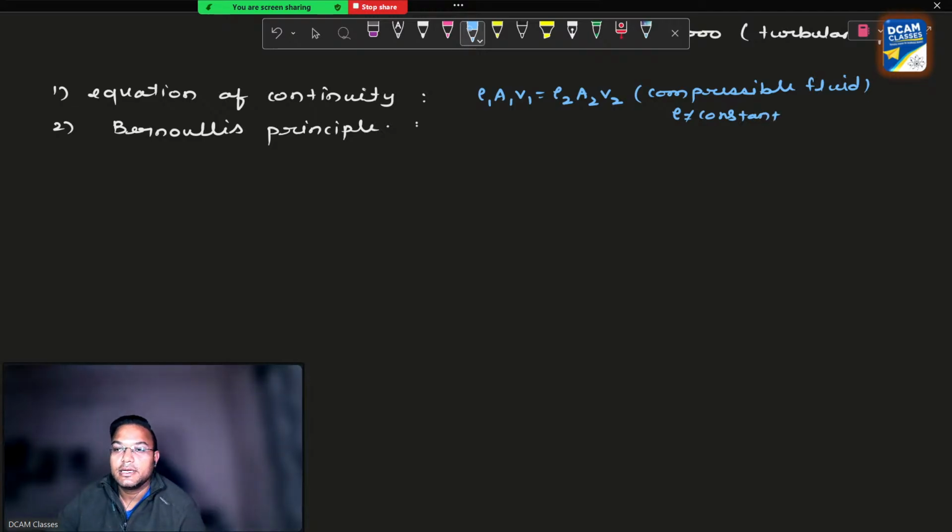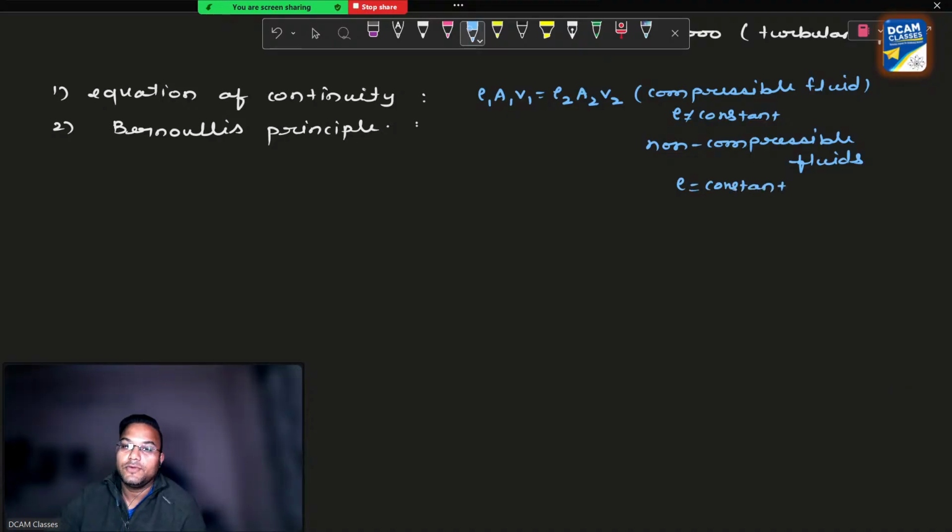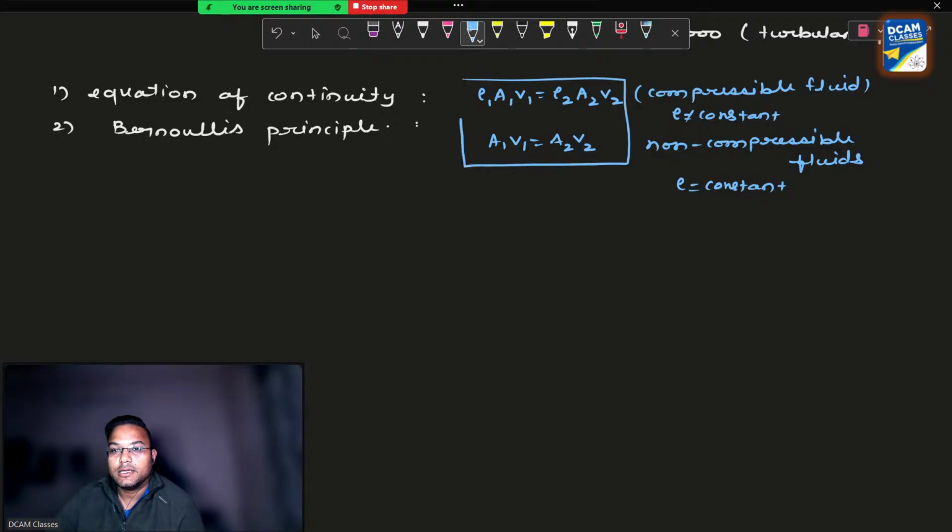In your syllabus, only non-compressible fluids are there, those kinds of fluids for which density is supposed to be constant everywhere. So for those types of fluids, A1 V1 is equal to A2 V2. And now you must be wondering, sir, what is A1 V1 and what is A2 V2? That I'll teach you. I'll tell you the derivation also, because it may be asked in your class 11.